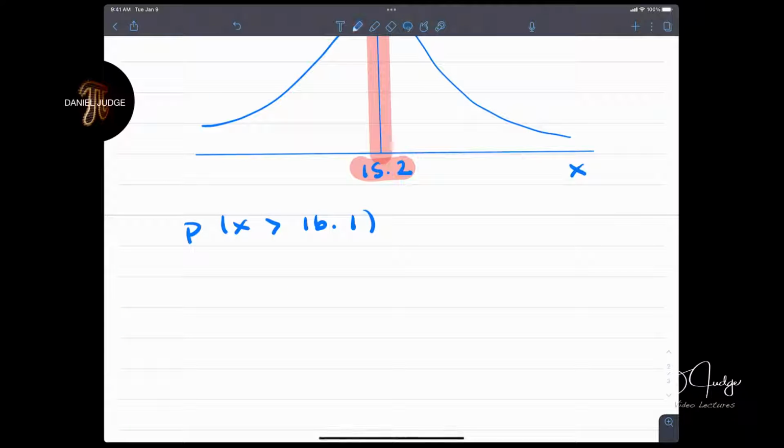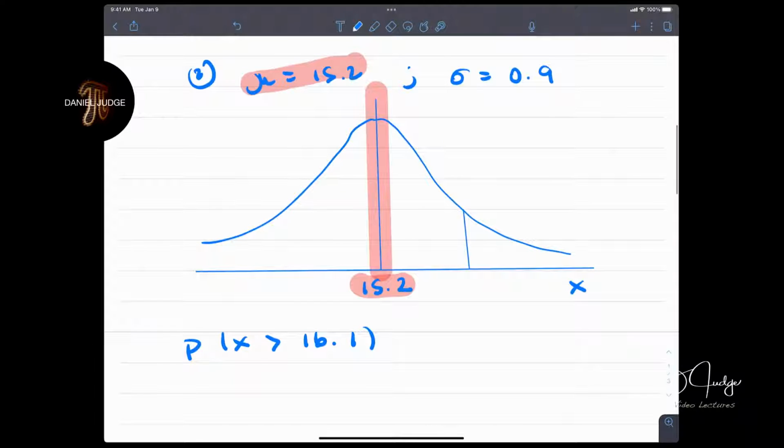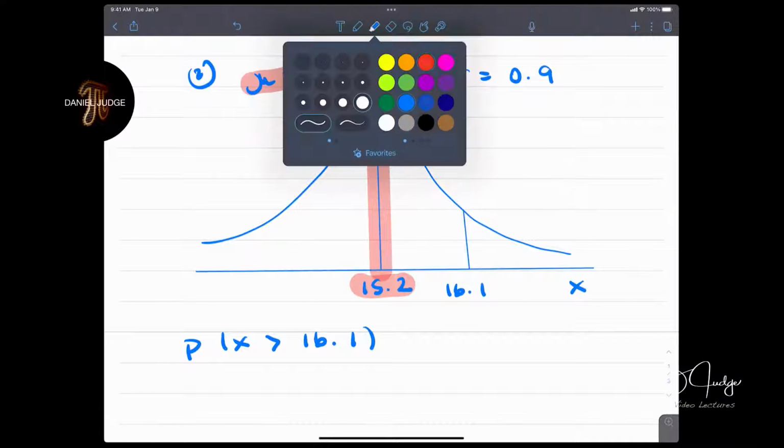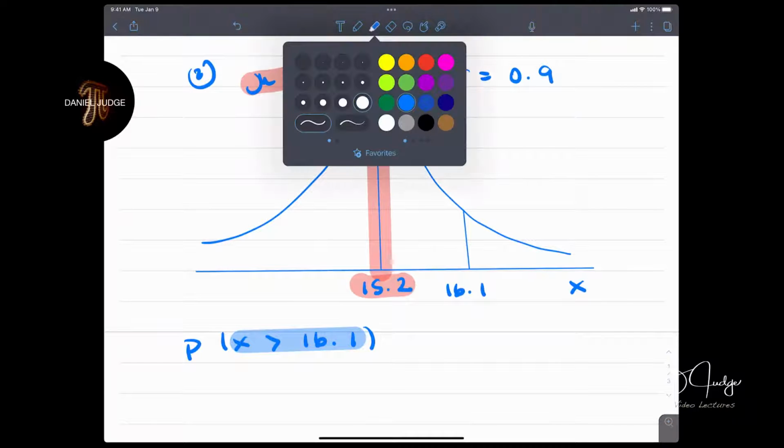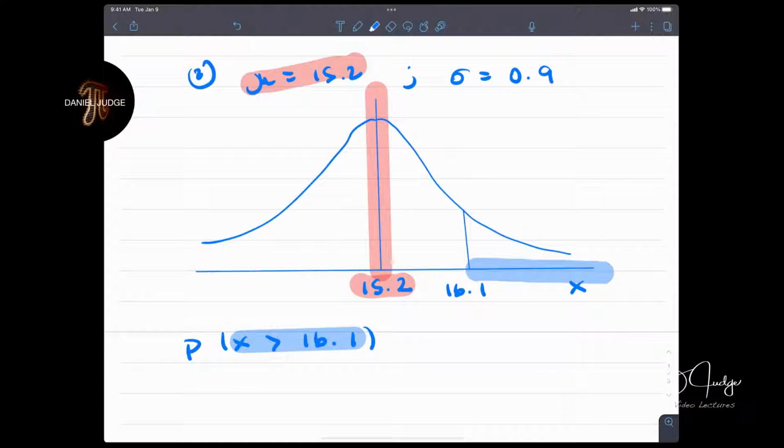Remember, larger numbers live to the right of smaller numbers on this real number line, down here, this axis. So I'm going to label this 16.1. So when they say numbers greater than this, larger numbers live to the right. So they're really referencing this interval in blue.